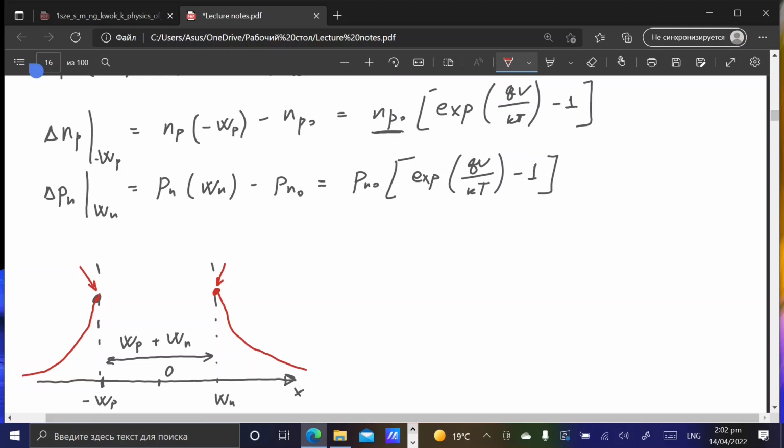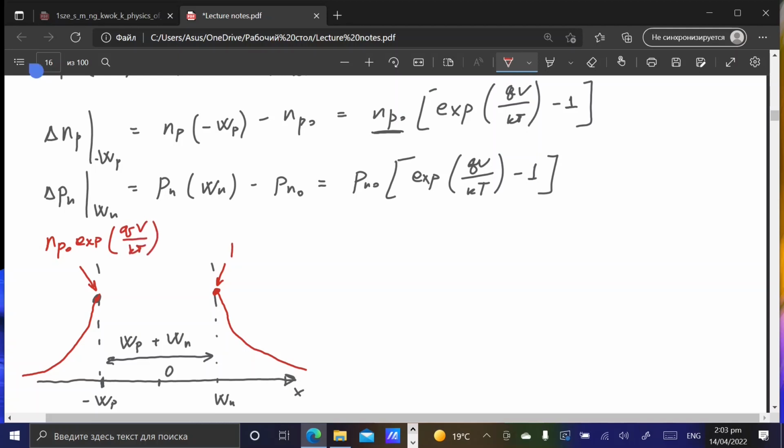So at these points, right at the interface between depletion region and neutral region, we have concentration of minority charge carriers, which will be equal to Np naught times exponent QV divided by KT.